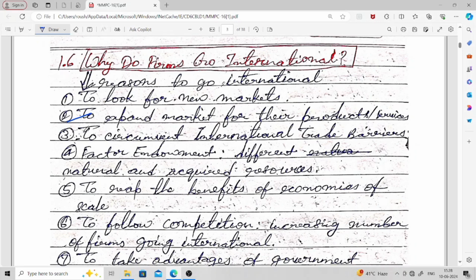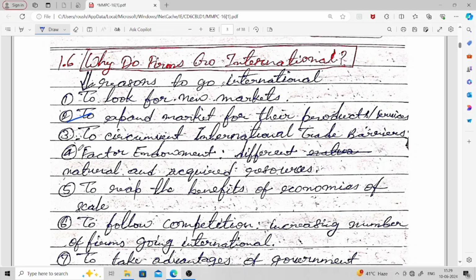Third, to circumvent international trade barriers. Firms go international, which means they use the international trading system. Fourth, factor endowment. Different countries have different natural and acquired resources, so that's why companies also go international.